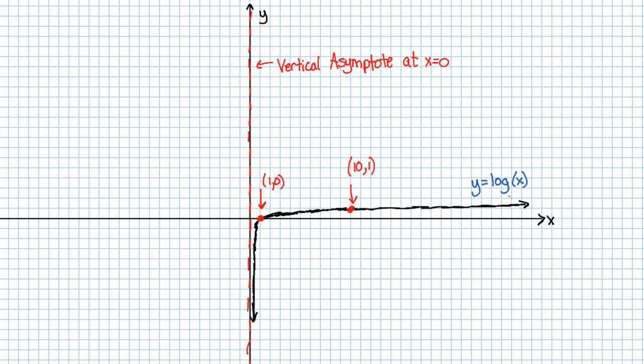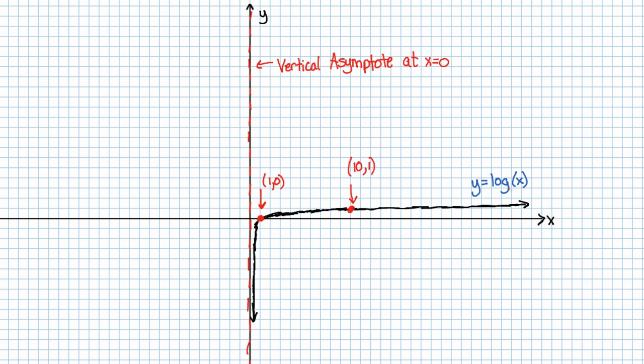So as long as it's log base 10 of x, or log base 2 of x, or log base 115,000 of x, they all go through the point (1, 0). And then, to find another point they go through, use the base. In this case, we have log base 10, so when you plug in 10 for x, the output will be 1.